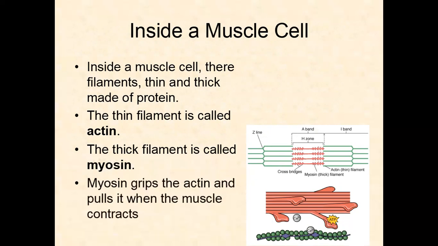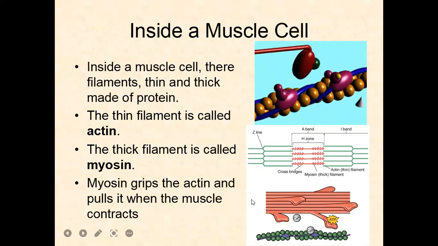Myosin grips the actin and pulls it when the muscle contracts. In that pictorial view, we can see the muscle anatomy here: Z-line, A band, H zone, I band, and these are the attachments of proteins with calcium ion. You can see it easily here.